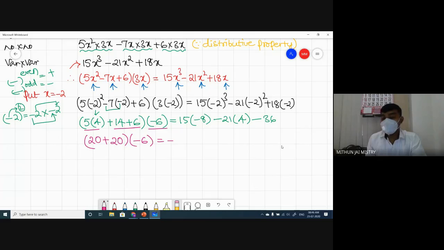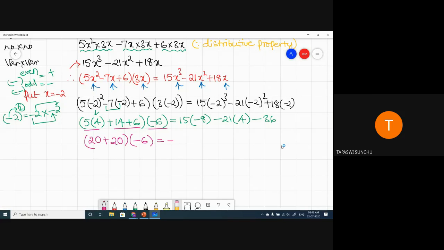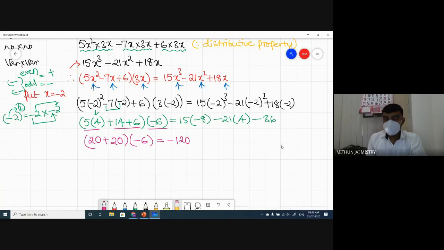Now 15 8 times, I think it's 120. Am I correct? 15 8s are 120. Then we have minus. Minus into plus is again minus. 21 4 times, 4 1 times 4, 4 2 times 8. Then we have finally minus 36.